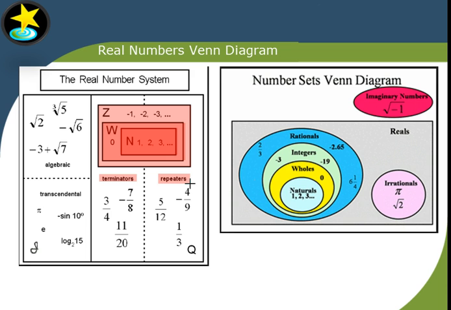Like I have discussed in the previous slide, any number which can be represented in terms of p by q or x by y can be part of your rational numbers.